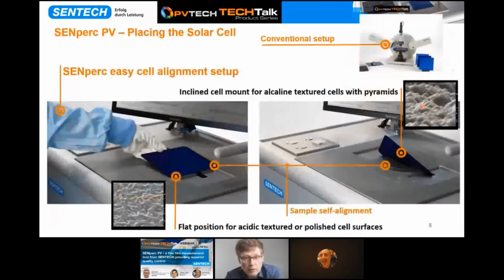So let's have a look at the way to place a sample on top of the SENPERC PV. On the left-hand side, we see how to place acidic textured or even polished cell surfaces. They have this more or less isotropic rough surface, and they are placed horizontally on the slit here with the measurement position right in the center position.